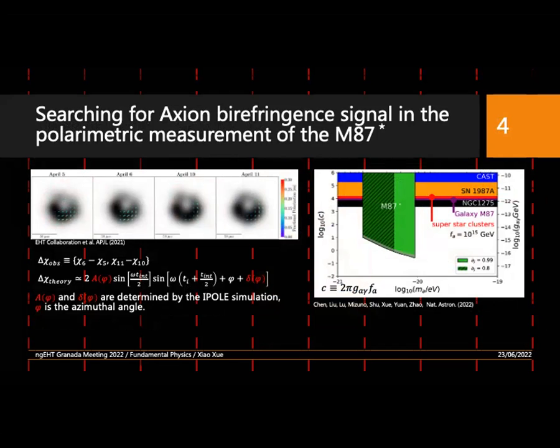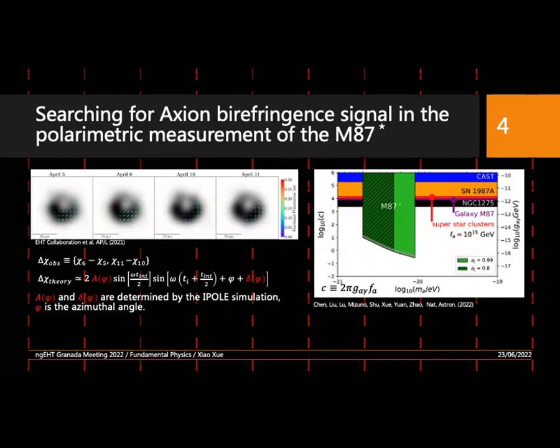In the paper, there are small lines in the image of the black hole, where the length of the line represents the fractional linear polarization, which means how polarized the light is in the data, and the direction of the line represents the polarization angle.